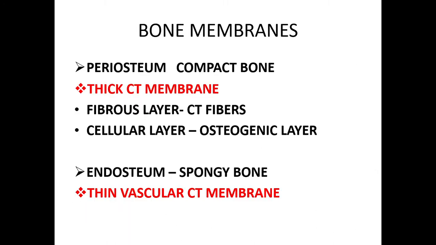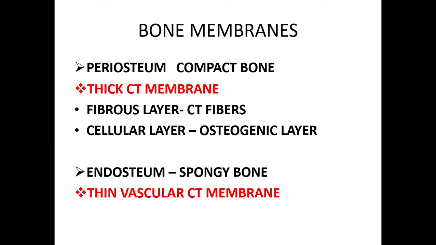Let's go now into the membranes that protect the bone tissue. On the compact bone, we have the periosteum. This is a thick membrane made up of connective tissue, again subdivided into the fibrous layer composed of connective tissue fibers. We have the collagen fibers, and we have the lower layer, the cellular layer, which has the osteogenic cells.